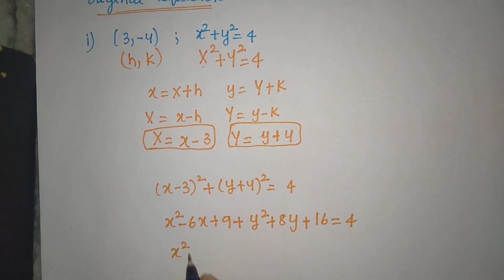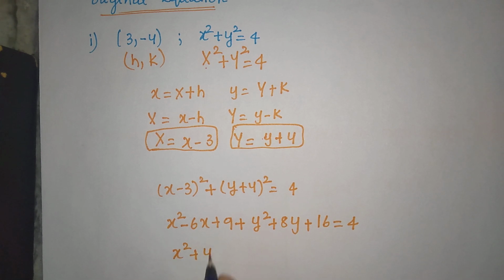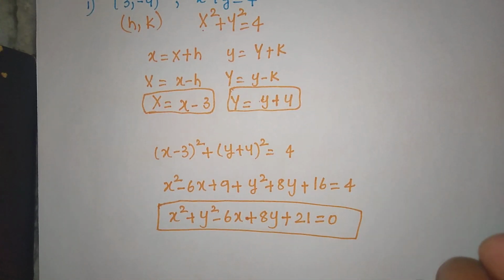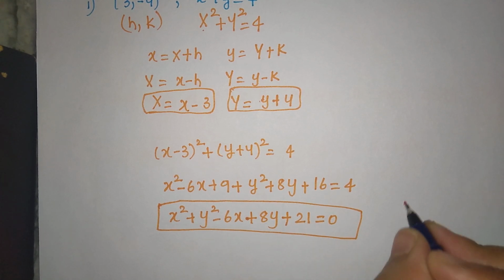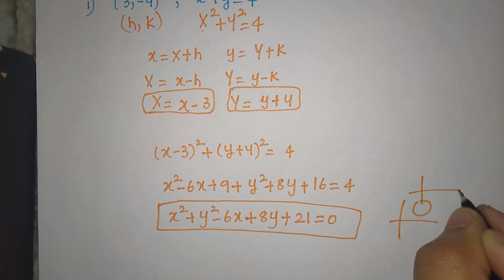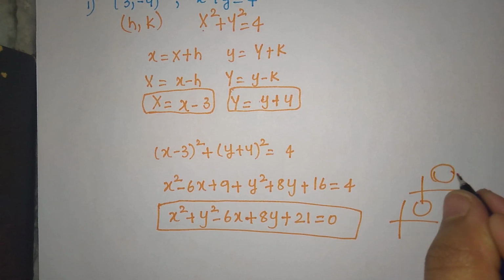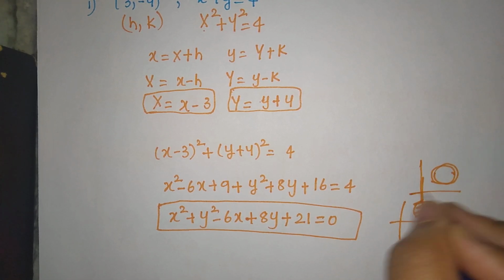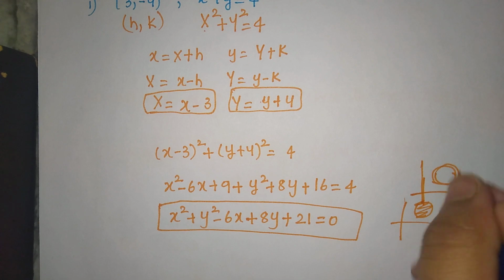So x square plus y square minus 6x plus 8y, 25 minus 4, that is 21, is equal to 0. So this is the original equation, that means according to the old axis. But previously they have given according to the new. This one they have given according to the new. You are finding according to the old.